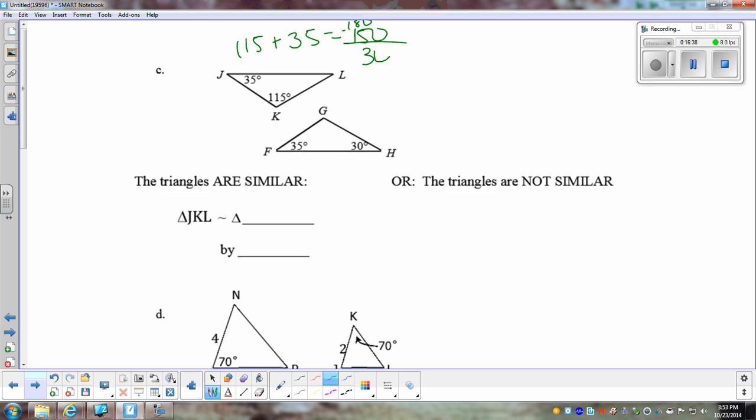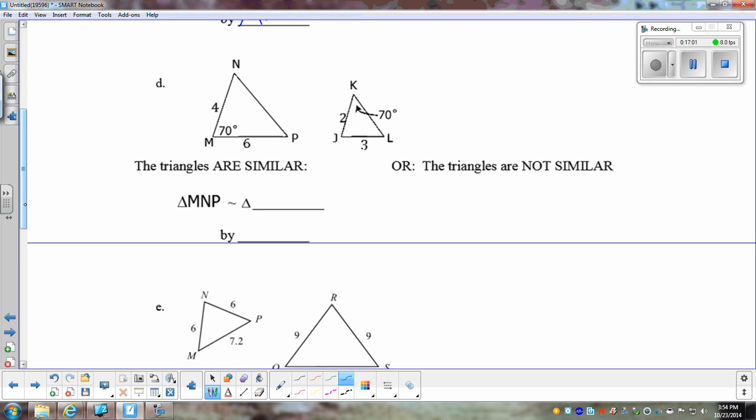Subtract that from 180, I get my last angle L is 30. So I have the two 30-degree angles. I have the two 35-degree angles. So these two triangles are similar by angle similarity. And JKL is similar to FGH.